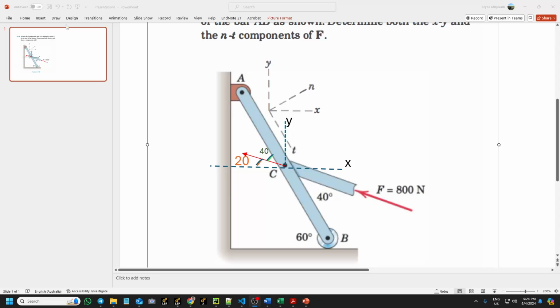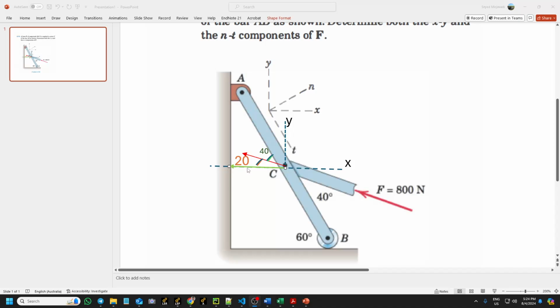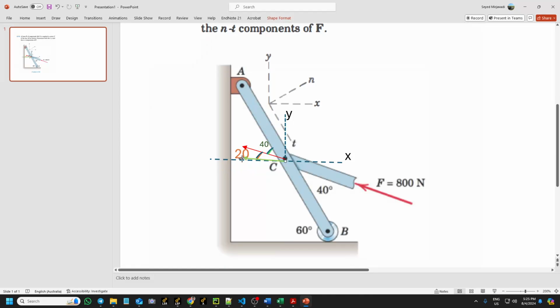Let us show you graphically why. Fx is pointing in these directions. Actually it should be here because then we have the projection. It doesn't work very well, but anyway.